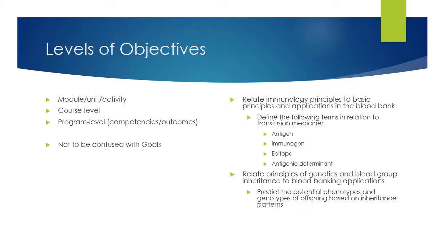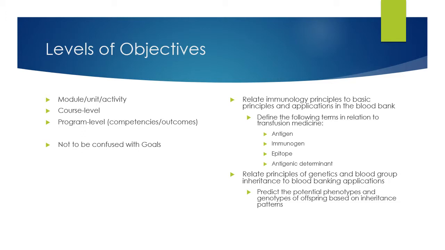I've been using some language on the previous slides where I've talked about a module or a unit or activity, and so this feeds into the fact that there are different levels of objectives that are usually required in an educational setting directed at health science education. So the lowest level of objectives that are generally seen within a course are specific module or unit objectives, or objectives that are related to a specific activity.